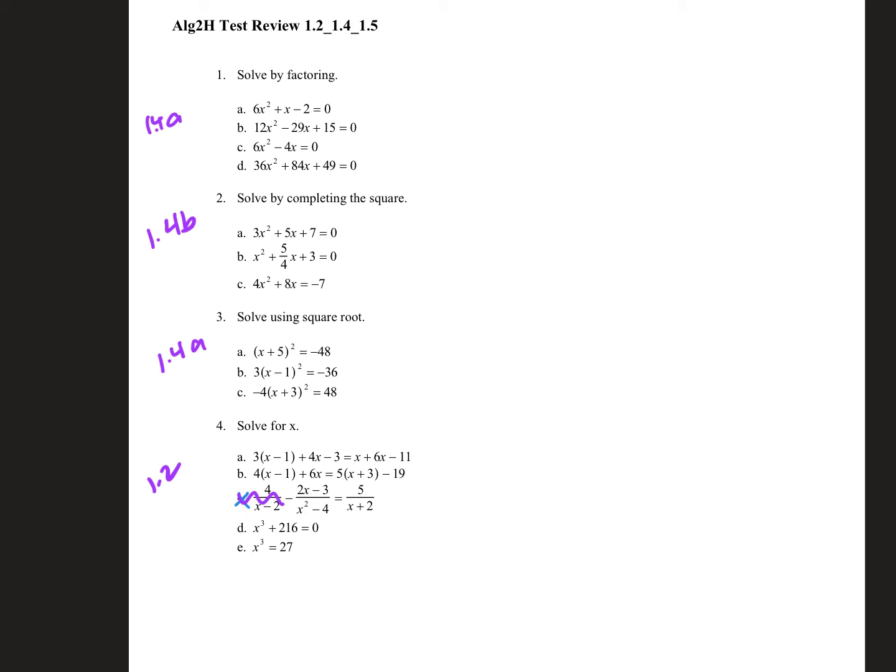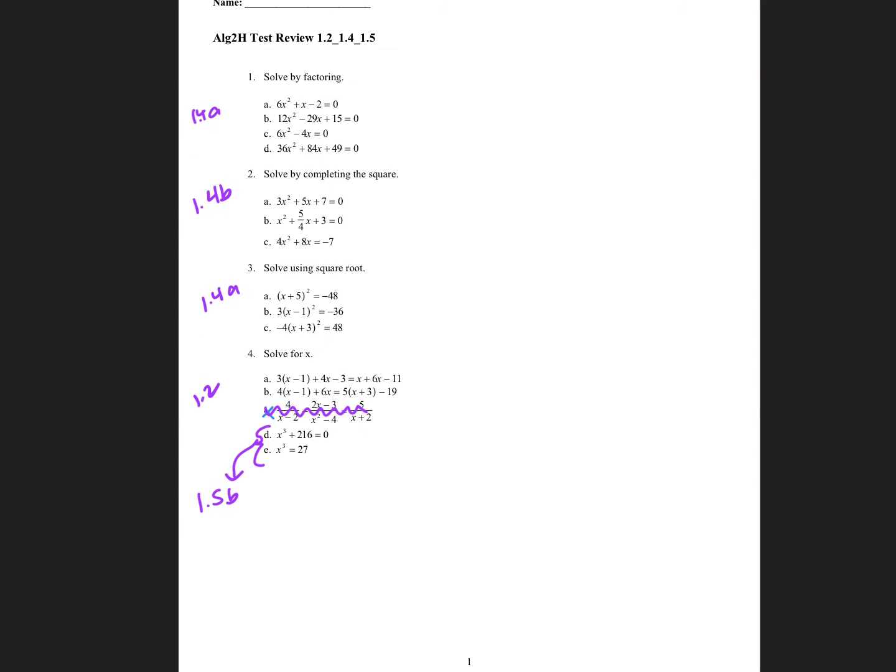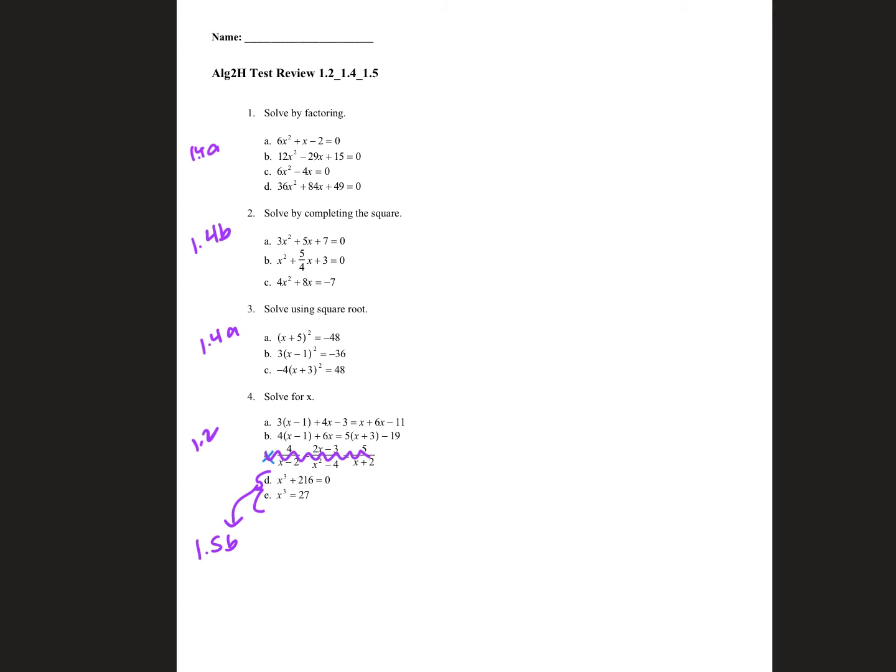You can cross through this one. And then these came back in 1.5b's notes. And then the only other thing that's done on here is the quadratic formula. The solving for x came first.